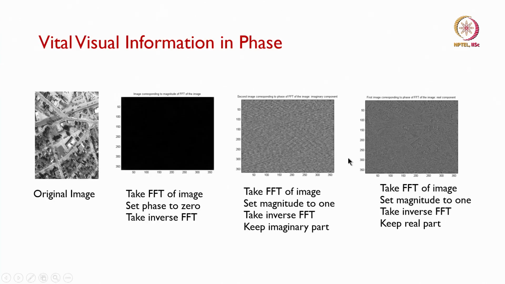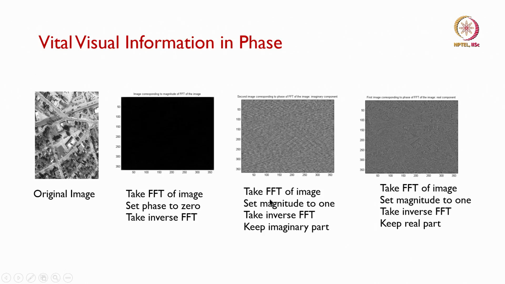Coming to one more example of where the phase is important, the vital visual information in phase is shown with the MATLAB original image here. When you take the FFT of the image, set the phase to 0 and take the inverse FFT, you will see only a blank, that is black in this case, with no picture of whatever was originally seen.